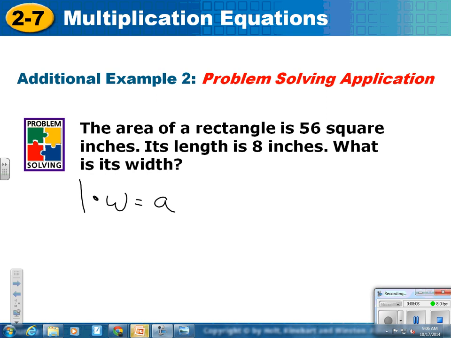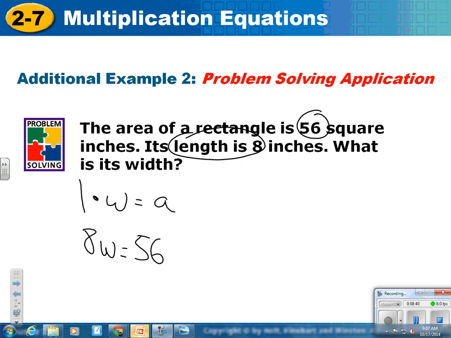Okay. Now, we're going to plug length in right here. And it says the area is 56. So we're going to plug all this together. We're going to say L, which is 8, times W. So 8W equals 56. Holy cow. Doesn't that look like a problem we've just been working on? What is its width? Well, we just solved this by following our rules of algebra.